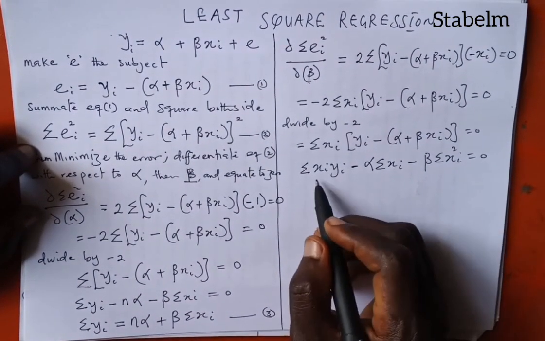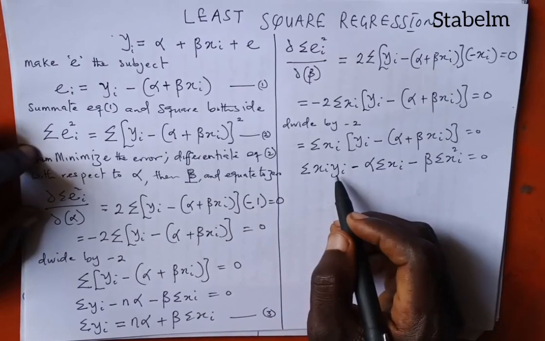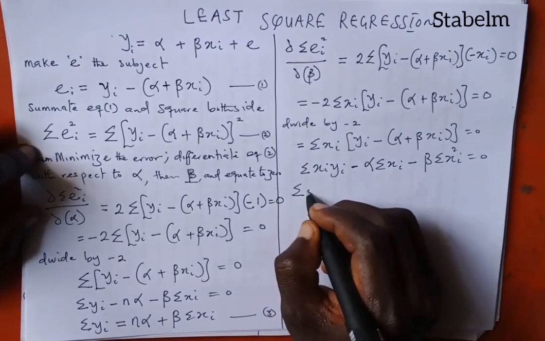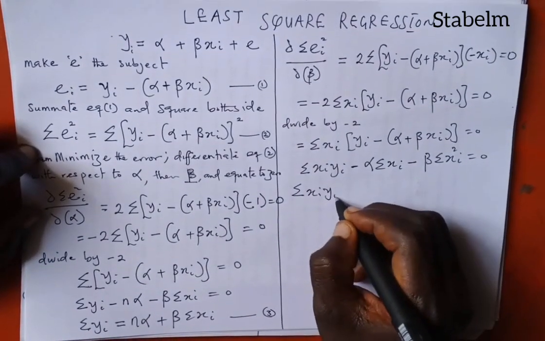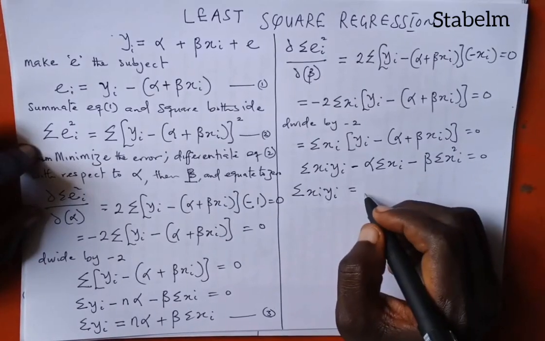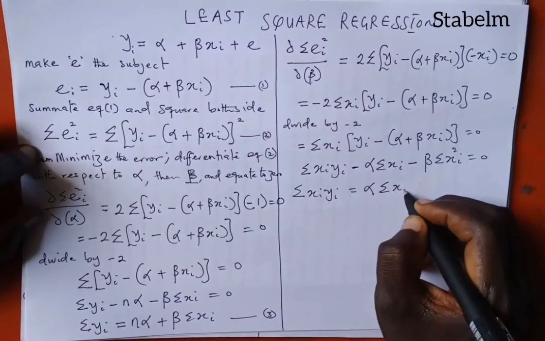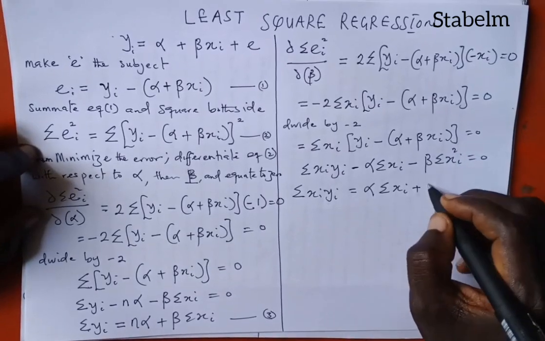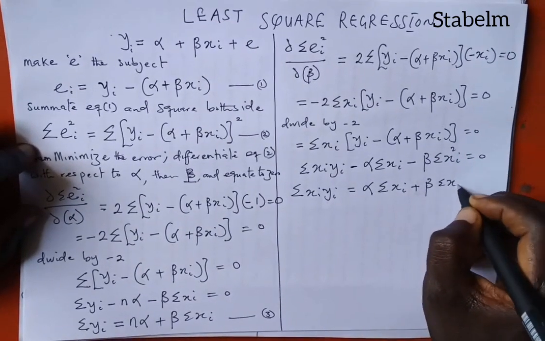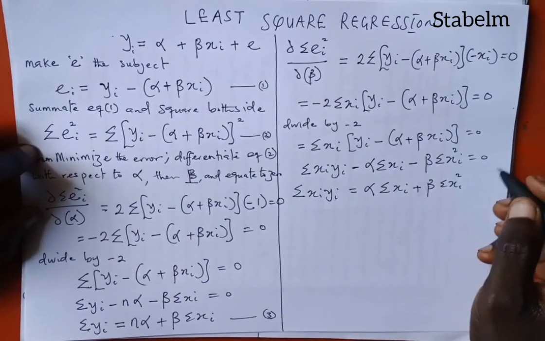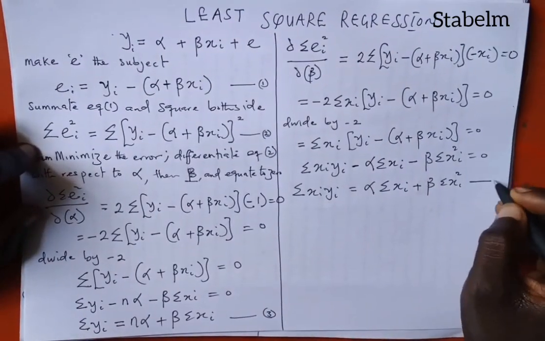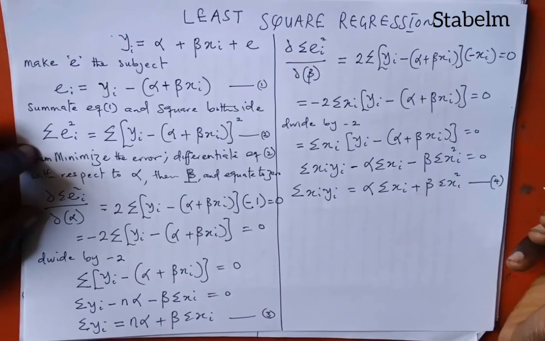We can also make summation x i y i the subject. So we have summation x i y i equals alpha summation x i plus beta summation x i squared. We can name this equation 4.